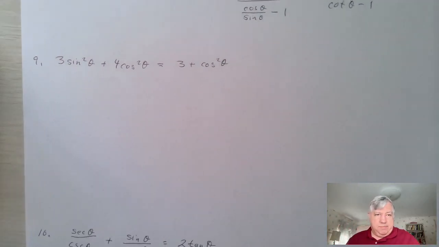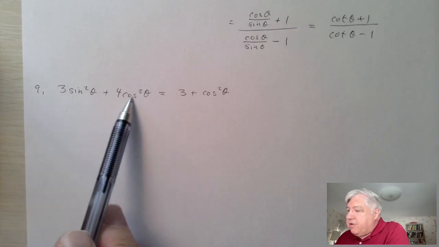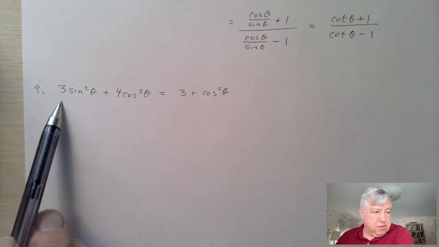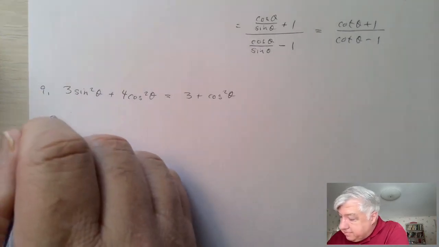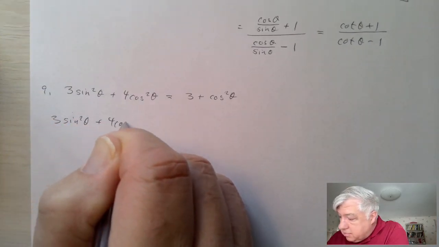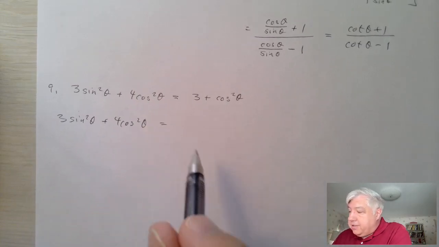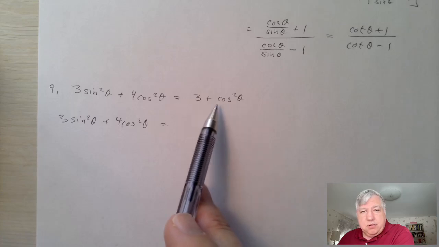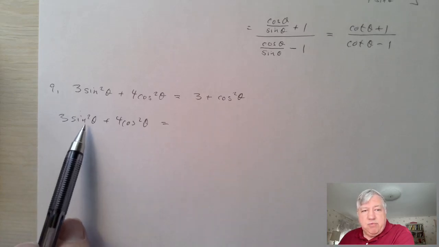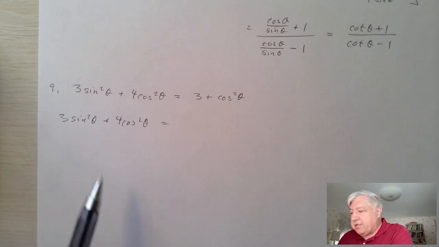Okay, number 9. This looks like a more complicated version. So I'm going to start over here on the left. Because everything over here is in terms of cosine, or at least there's no sine, it might help to rewrite this sine in terms of cosine, and we know that sine squared is 1 minus cosine squared.